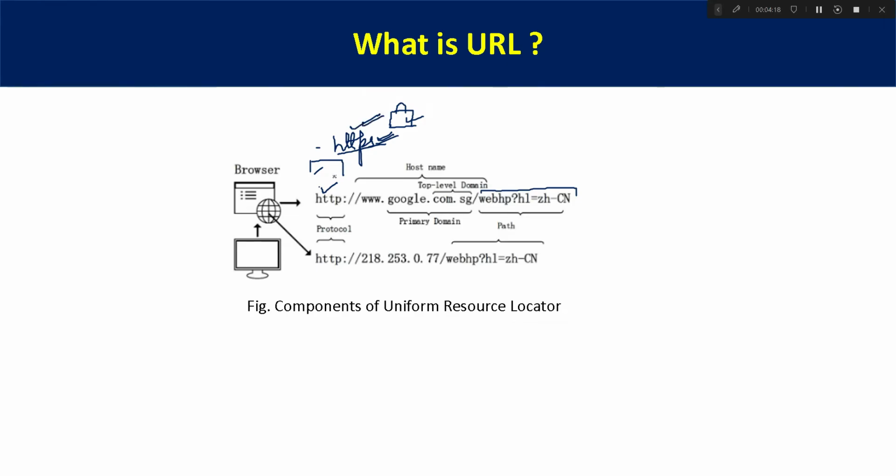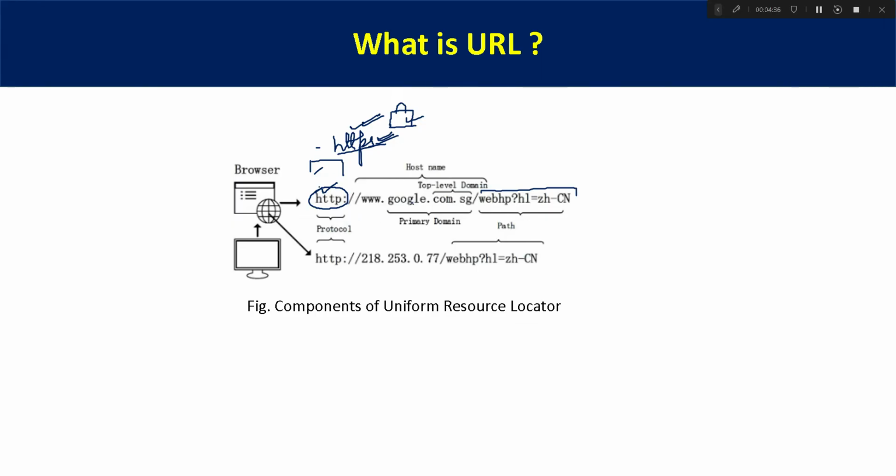This is a very important feature of a secure URL, so just by seeing this part, you can get an idea whether the site is secure or not. Second part is the host name.